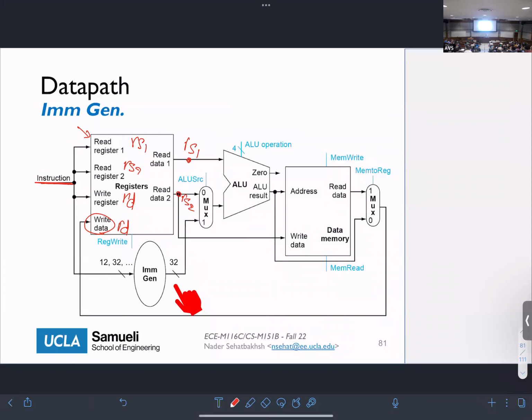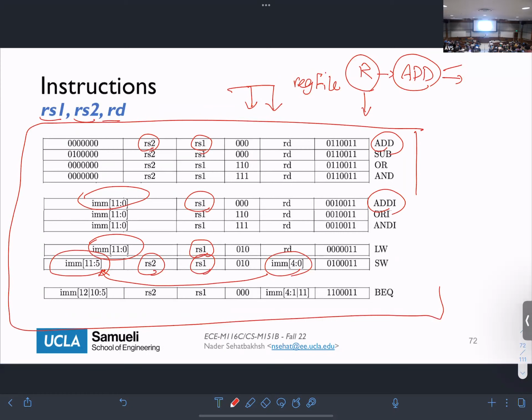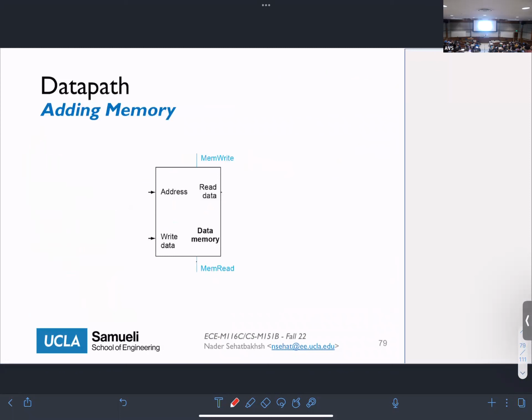Okay. If you go way back, you will see that in order to understand which wire needs to be connected to where, this is basically our map. We're going to look at these bits and these bits, and connect these instruction bits to our register file. This is the reason that I'm showing it this way.